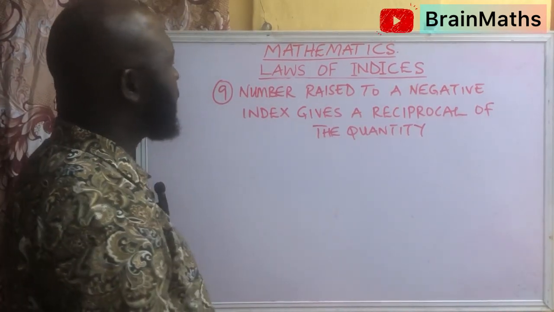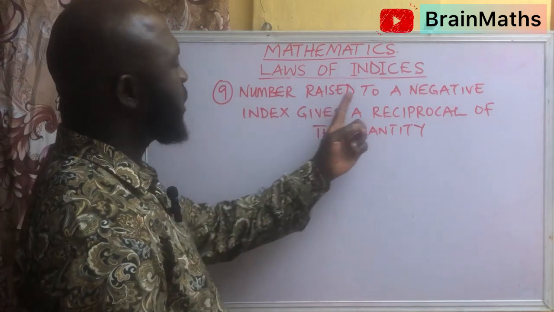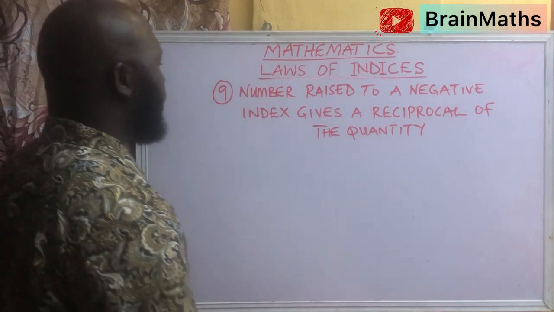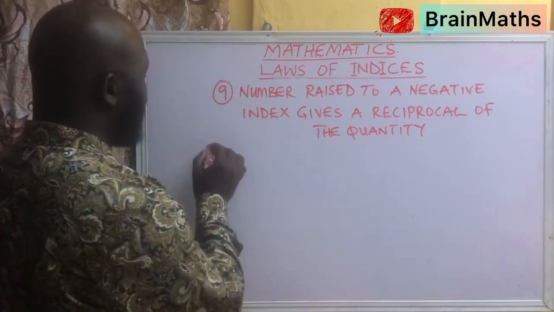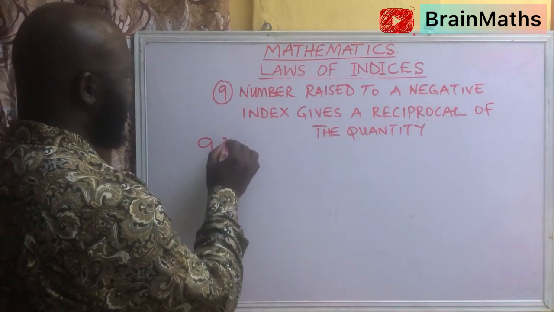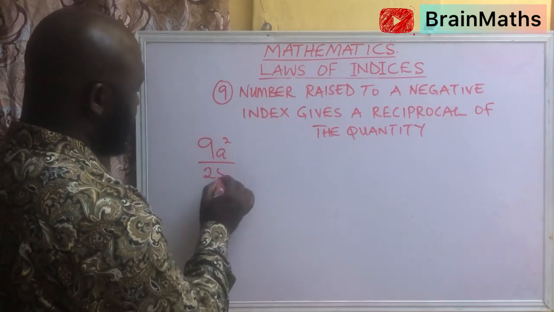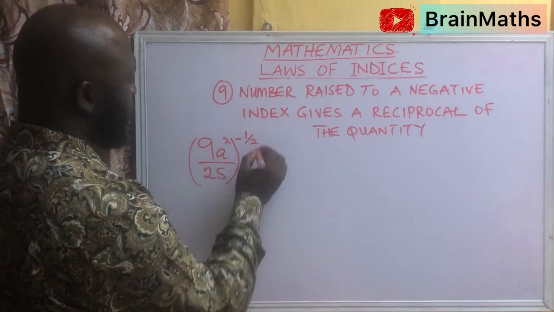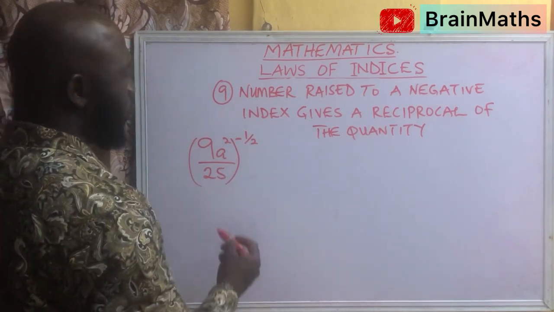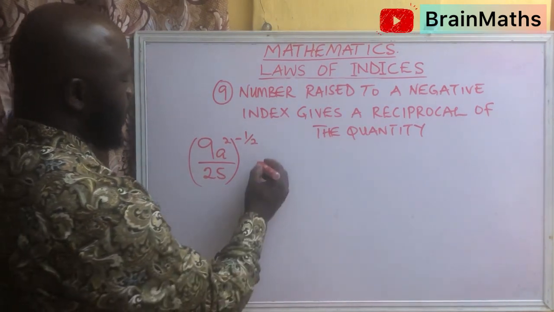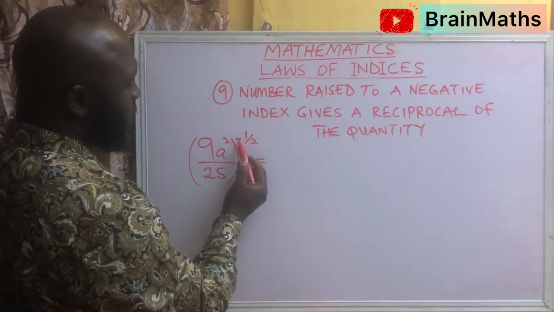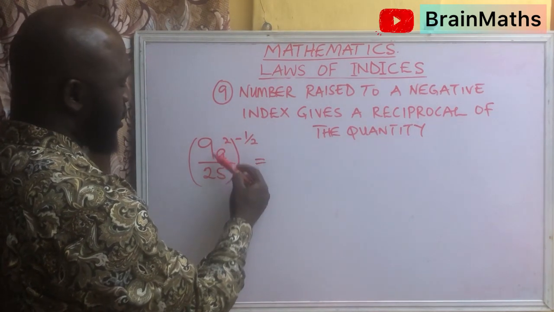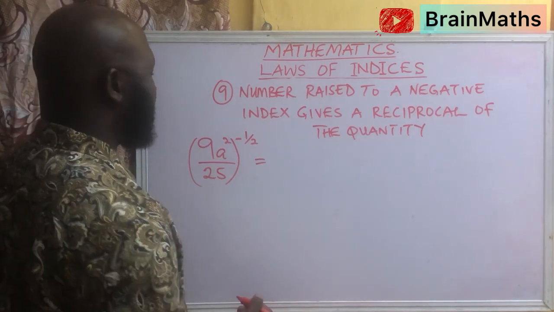The last law of indices has to do with a number raised to a negative index, which gives a reciprocal of the quantity. For example, if we have 9a squared over 25, which is also raised to negative 1 over 2, what this is telling us is that we are going to remove this negative by taking the denominator to the numerator and replacing the numerator as the denominator.